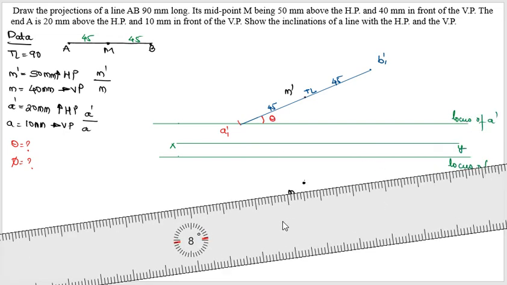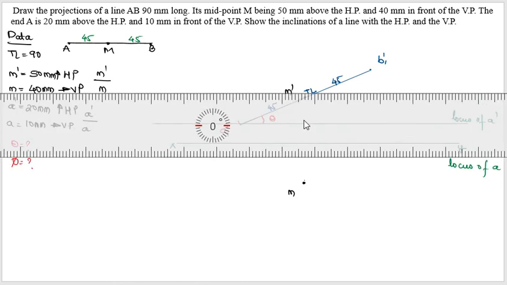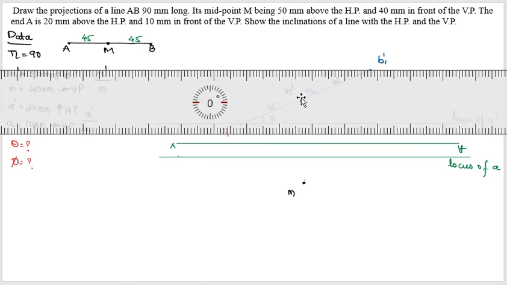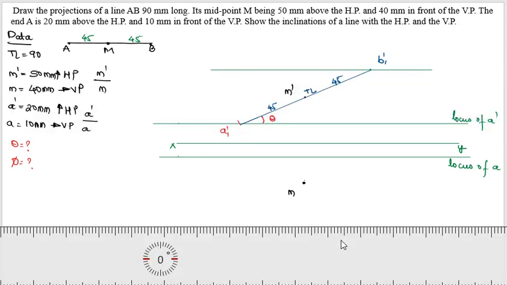Now let us draw the locus of B dash. For that, draw a horizontal line from this point, and write this is my locus of B dash. So this is the true length in front view.